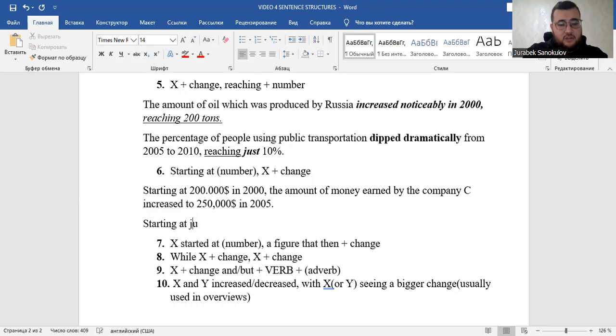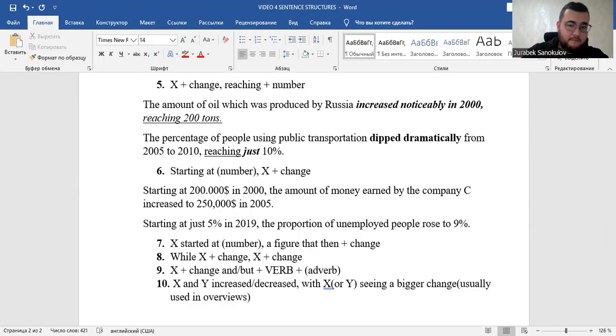Starting at just 5% in 2019, let's just say, the proportion, and we need to use the word proportion because we're talking about percentages, proportion of unemployed people rose to 9%.